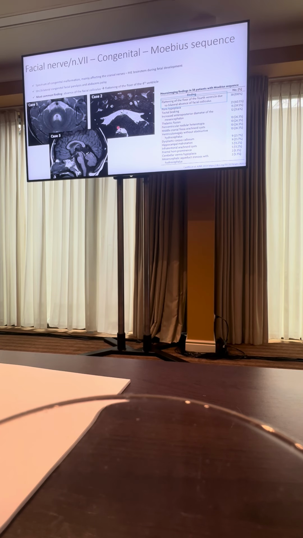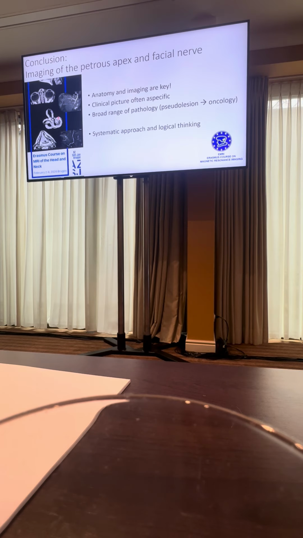What you see is if the nuclei are ischemic, there are no cranial nerves in the cerebellopontine angle. That means you also don't have the facial colliculus. So what you see is a flattening of the floor of the fourth ventricle, and here you see 3 cases from the literature.